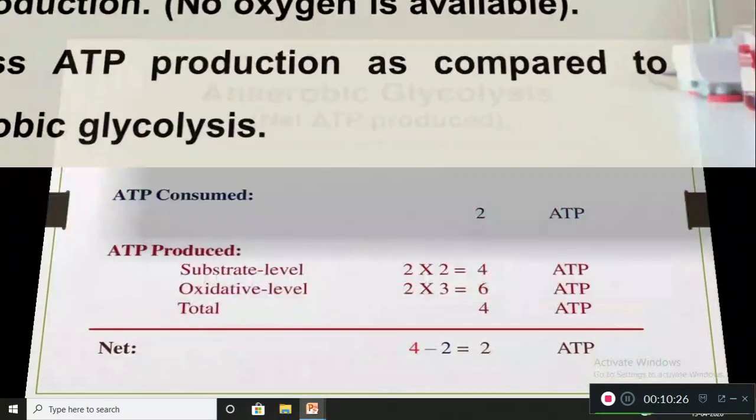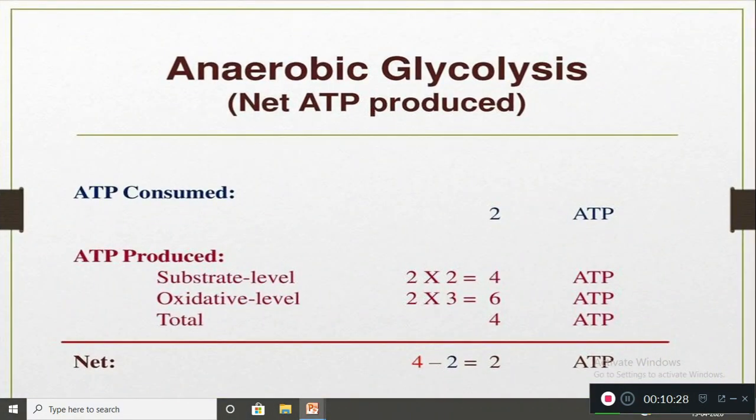So let's see how it is produced. This tabular column is very important in your answer sheet. ATP consumed: we know that 2 ATP molecules are consumed, and ATP molecules produced at substrate level, 2 into 2, 4. At oxidative level, what is happening? We are getting 6 ATP molecules.